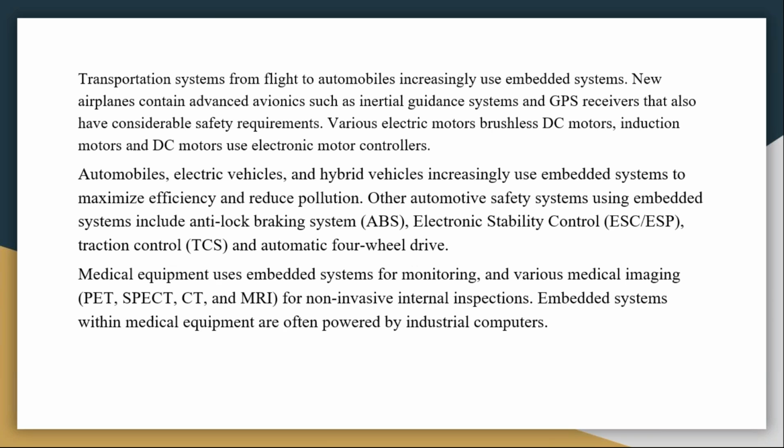Earlier, drum brakes were used in four wheelers. Now an embedded system is used in the anti-lock braking system, so we can stop while applying the brake without any fraction of a second.